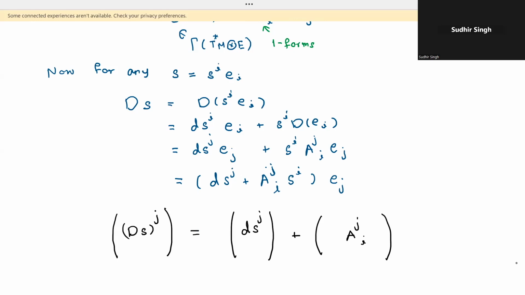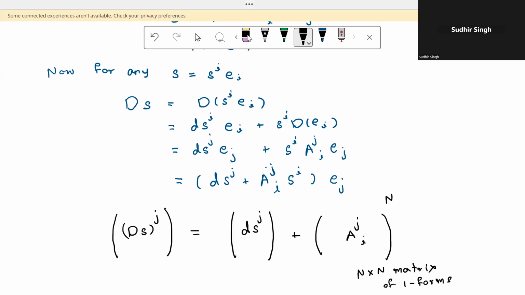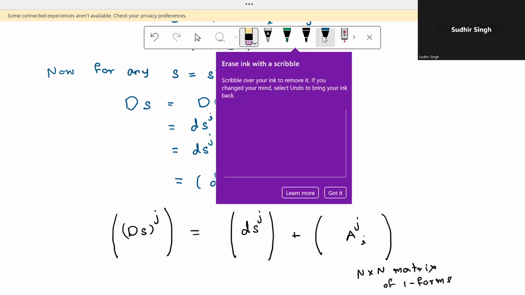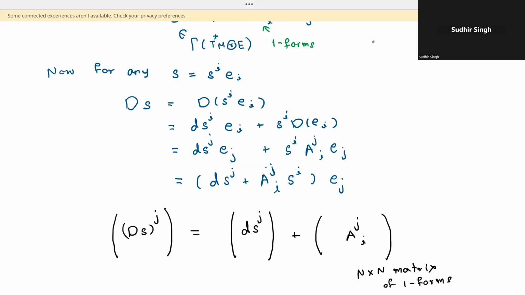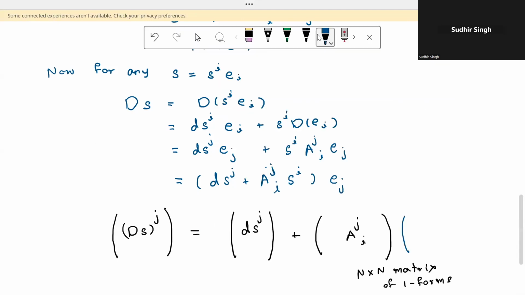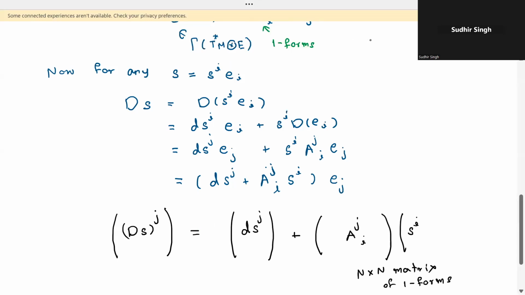So this is an n by n matrix of one forms, multiplied with this column S^I.